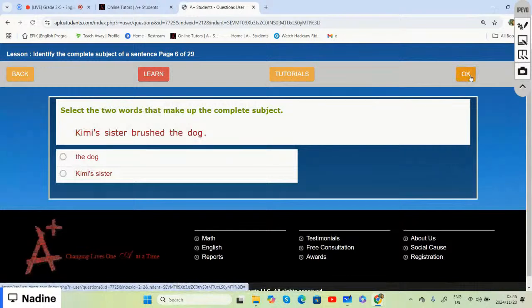It says, Kimmy's sister brushed the dog. We need to select two words that make up a complete subject. Is it option one, the dog, or option two, Kimmy's sister?